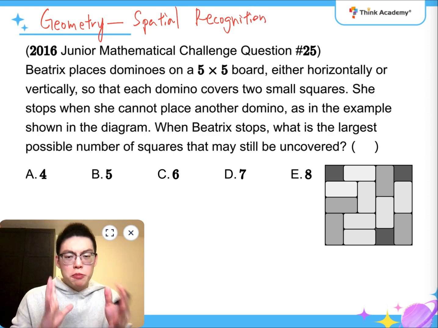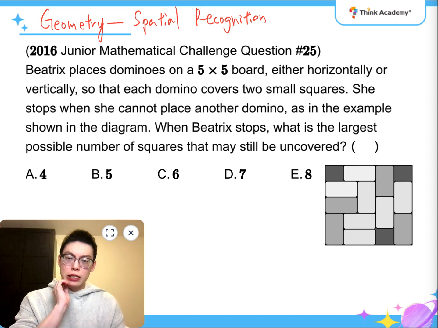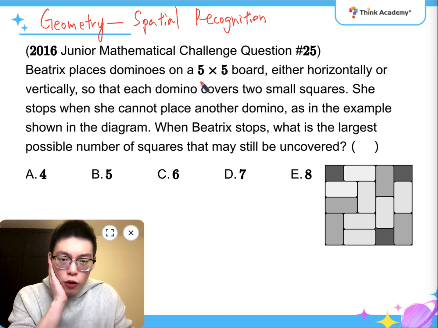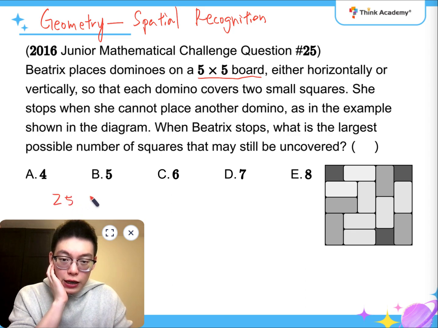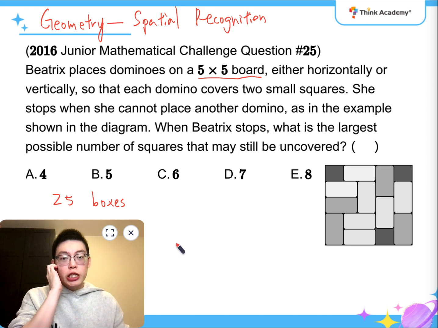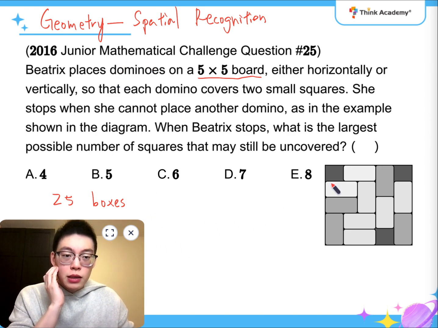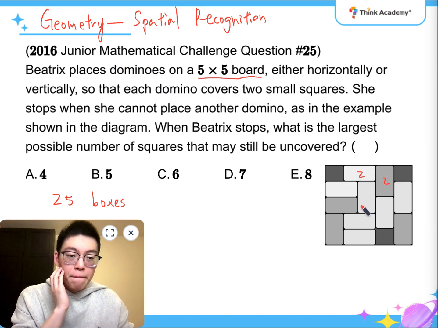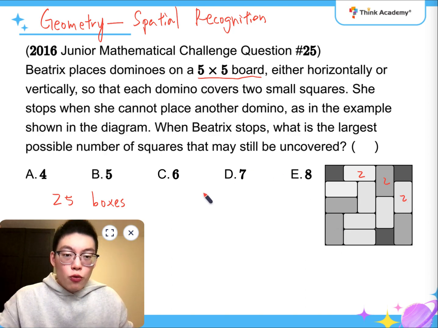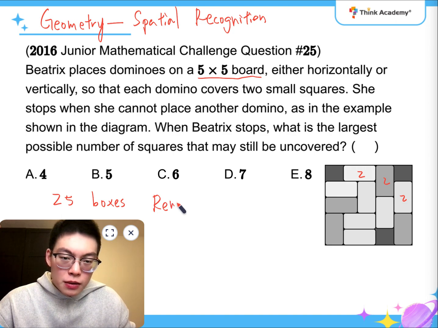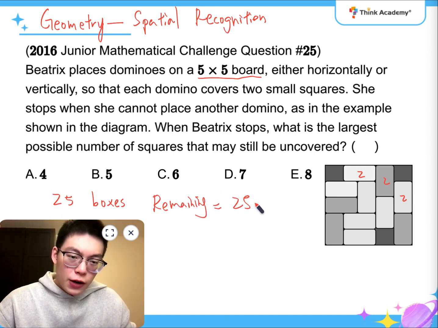Maybe a little bit about the odd-even analysis, because we can see that on a 5x5 board, there are 25 boxes, right? And each domino is 2 boxes, which means that the remaining is going to be equal to 25 take away a number of 2's.